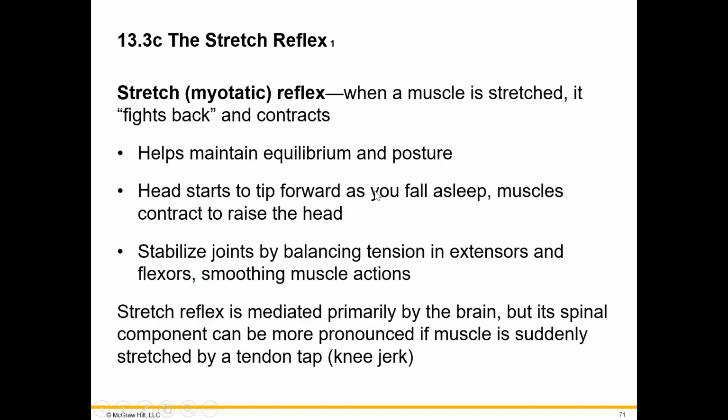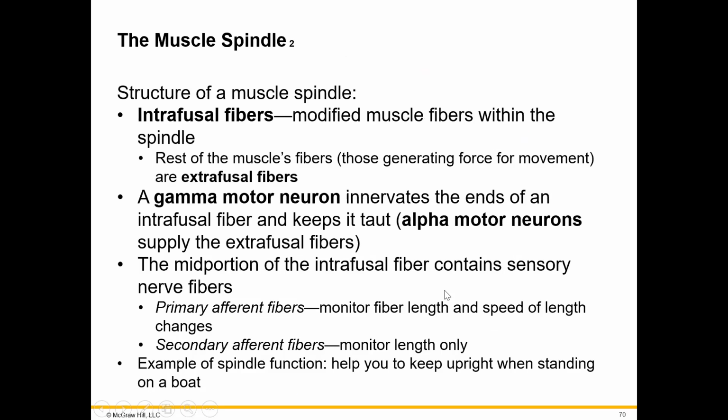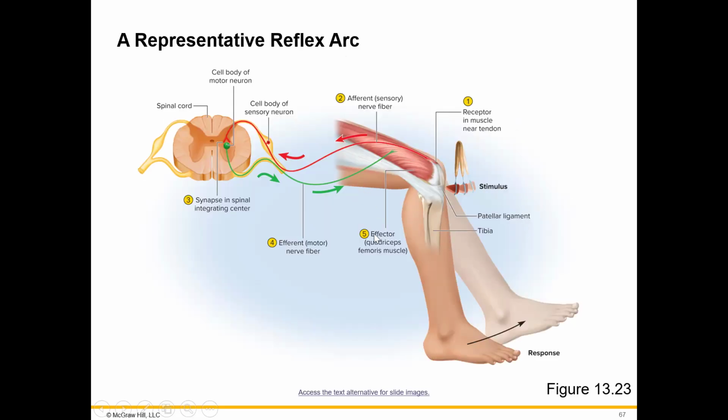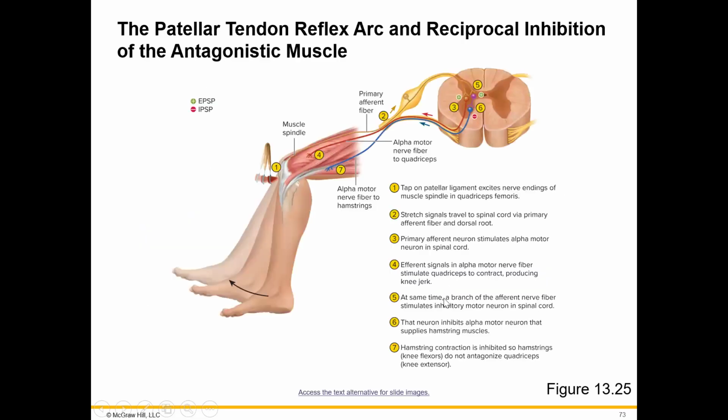But what's really happening, we have another arc that is shown from here, number 5, at the same time. So at the same time, you have something that is being antagonized. This figure is incomplete because it's only showing what is being agonized, what is being affected, and that is your quadriceps. But in addition to the quadriceps contracting by the alpha motor nerve fibers stimulating it, we need the hamstring to relax.